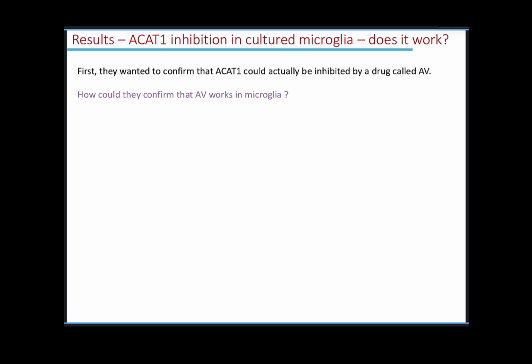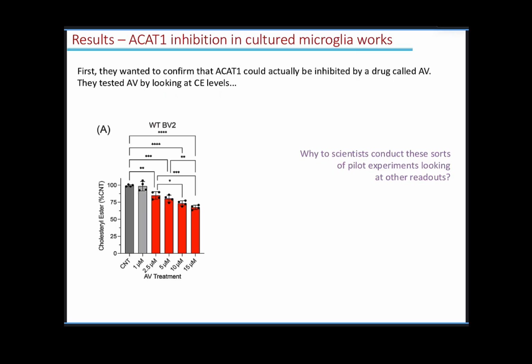CE levels. That's right, because the known catalytic enzymatic activity of ACAT1 is transferring acyl groups to cholesterol. So you just look for what this thing does biochemically normally, and you look at CE levels. Excellent. So that's exactly what they did. And they took microglial cells in culture. It's this BV2 line, and for now, these are wild type BV2.